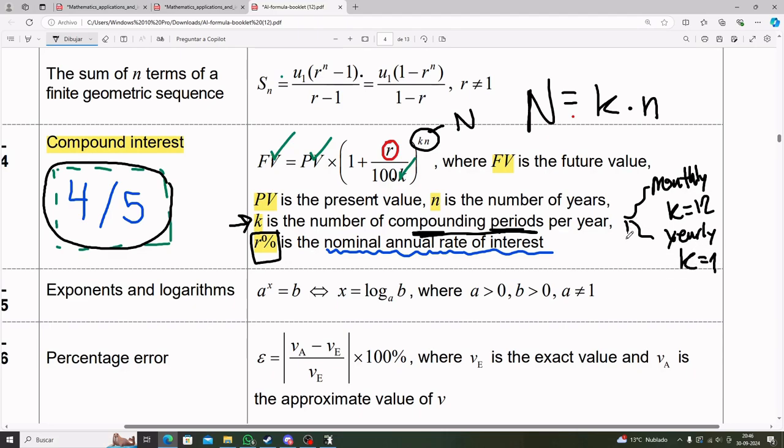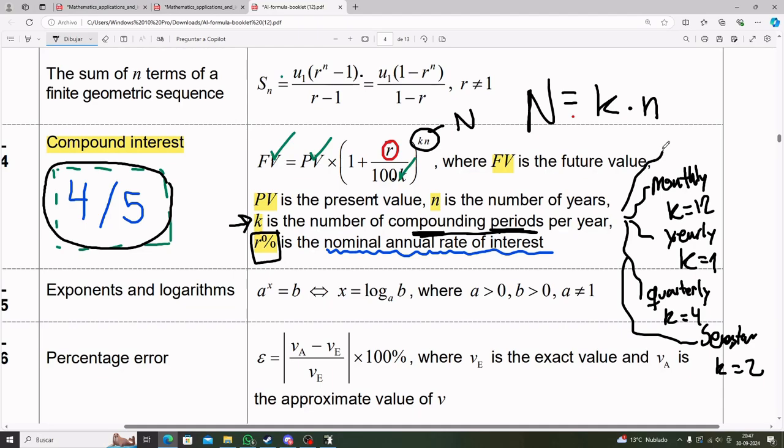And maybe quarterly, you know? How many quarters are there in a year? 4. How many semesters are there in a year? 2. In my experience, it tends to be monthly or quarterly. It doesn't go farther than that.